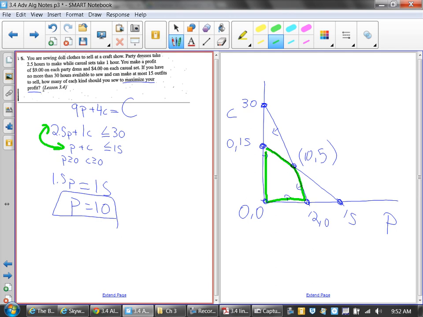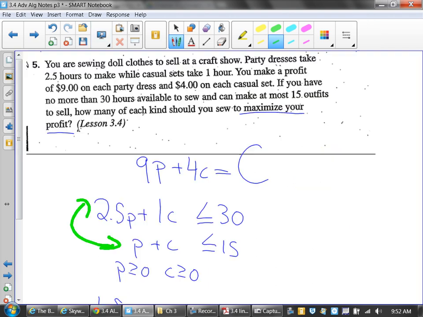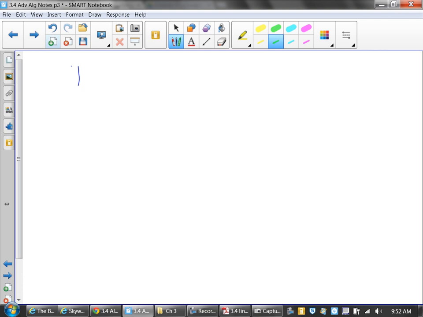I did forget to put the actual table on the next problem. Let me give you the table to that. That would kind of make it hard. Here's the table.